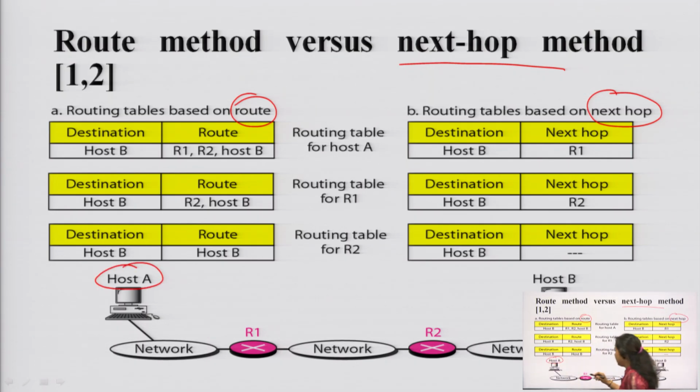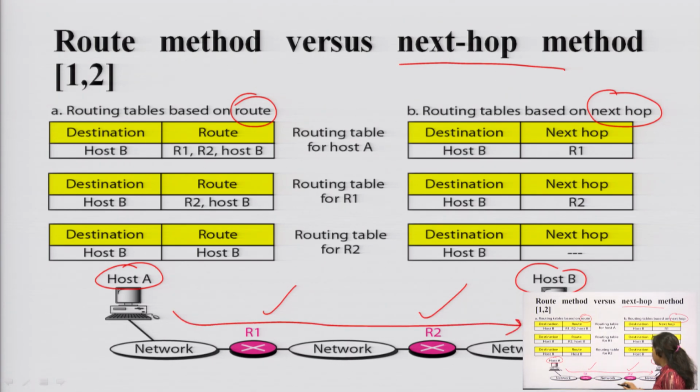This is host A and this one is host B. The information has to be transferred through these two intermediate nodes, so the path for delivering the data from here to here consists of two routes, route 1 and route 2.